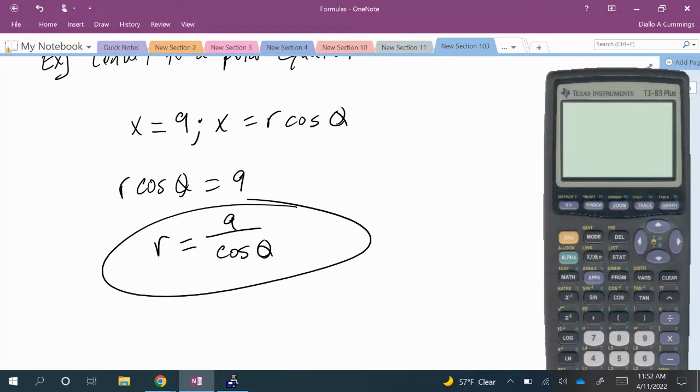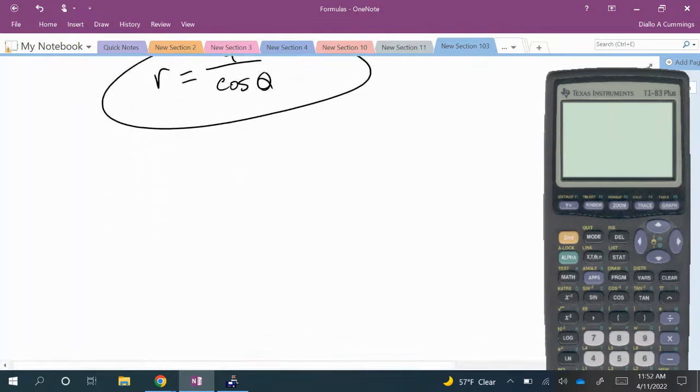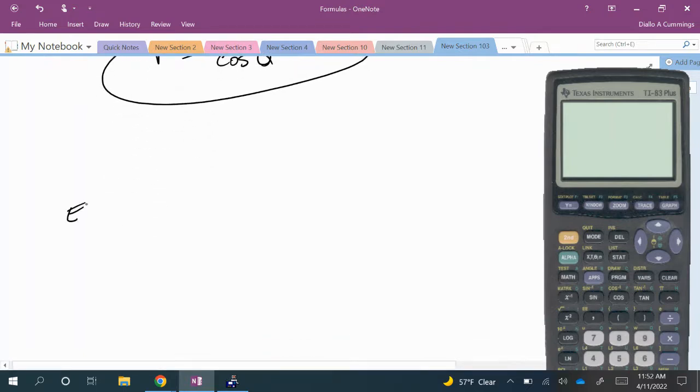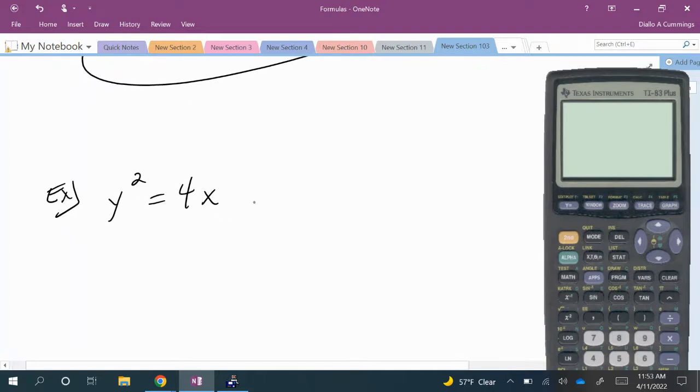Right? So now we're going to take a look at another example. Here again, we're converting to polar equations. We have y squared is equal to 4x. So we're going to substitute x equal r times cosine theta, and we're going to substitute y for r times the sine of theta.